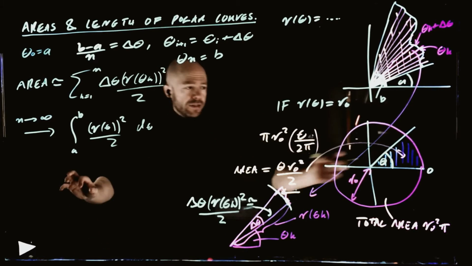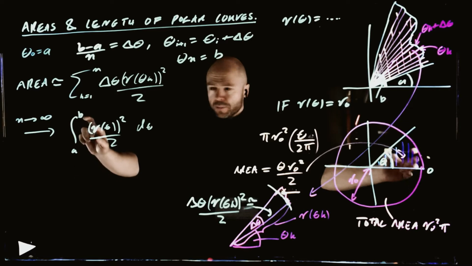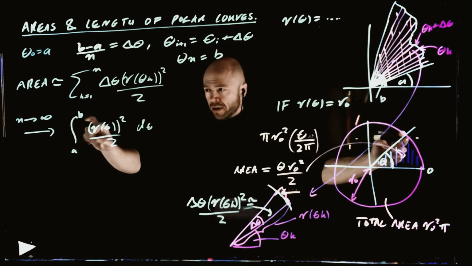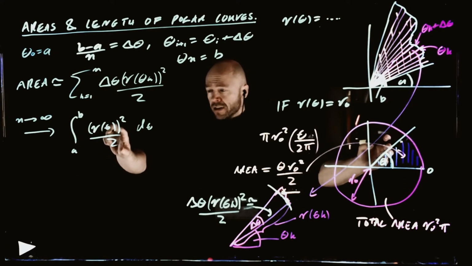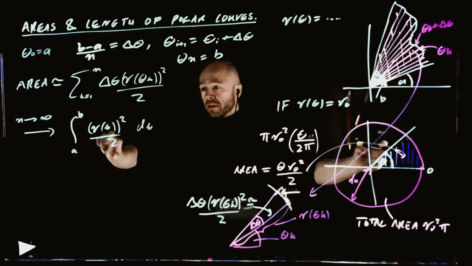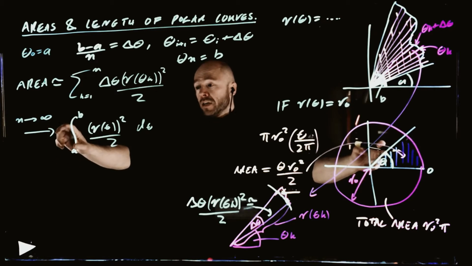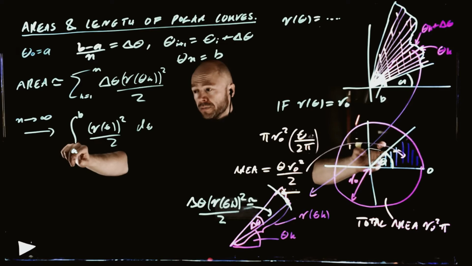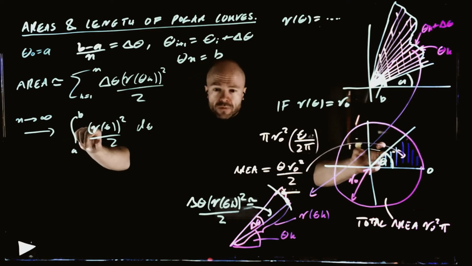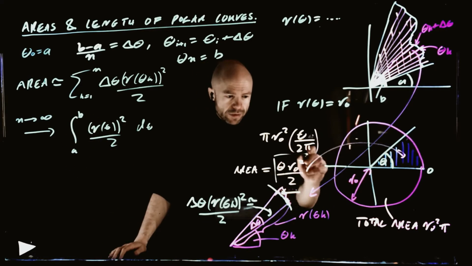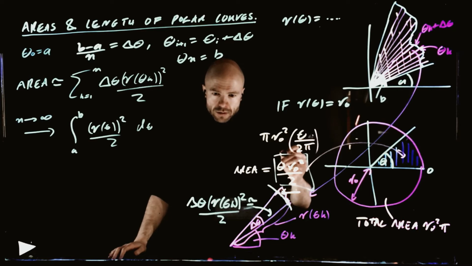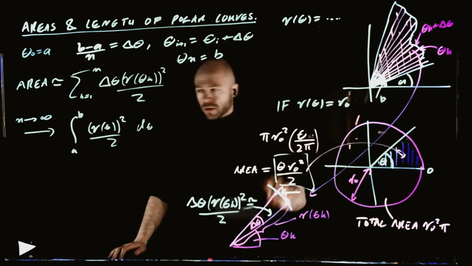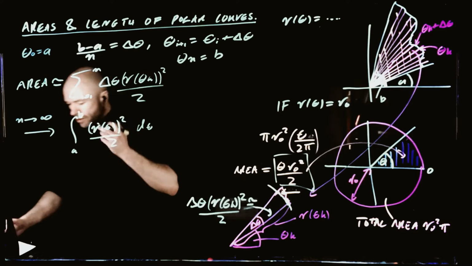So in this example, a is equal to 0, b is equal to theta, right? And then this thing is just r0, so we pull it out. So we pull out the half as well. So we just have r0 squared over 2 times the integral from 0 to theta of 1, which gives us exactly the same thing like this. Yeah? Cool.